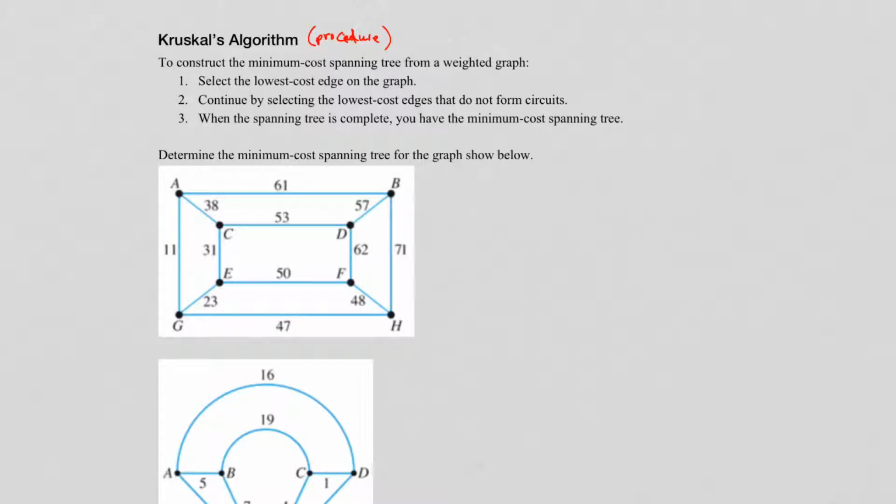Which is, if you look, 11. All right, so that one's definitely going to be created first. Then it says continue by selecting the lowest cost edges that do not form circuits. Again, do not try to do polygons. No polygons.